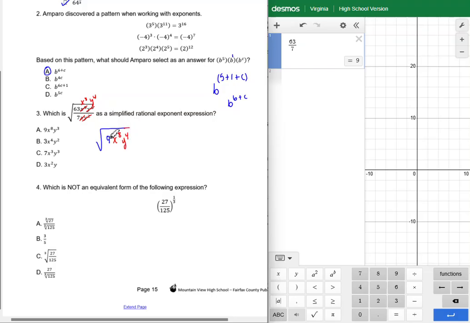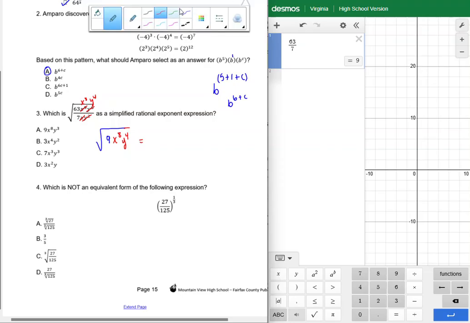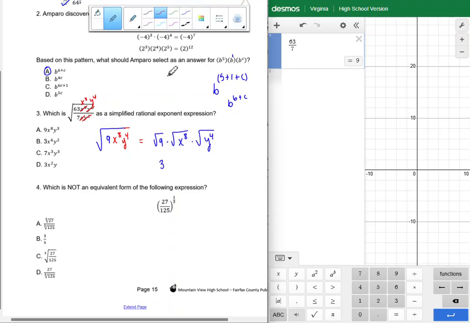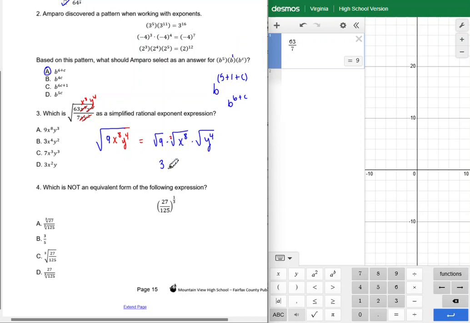Now I'm going to simplify this. I can break down my radical: square root of 9 times square root of x to the power of 8 times square root of y to the power of 4. Square root of 9 is just 3. And remember, this is a square root, so I can rewrite this as x to the power of 8 divided by 2.